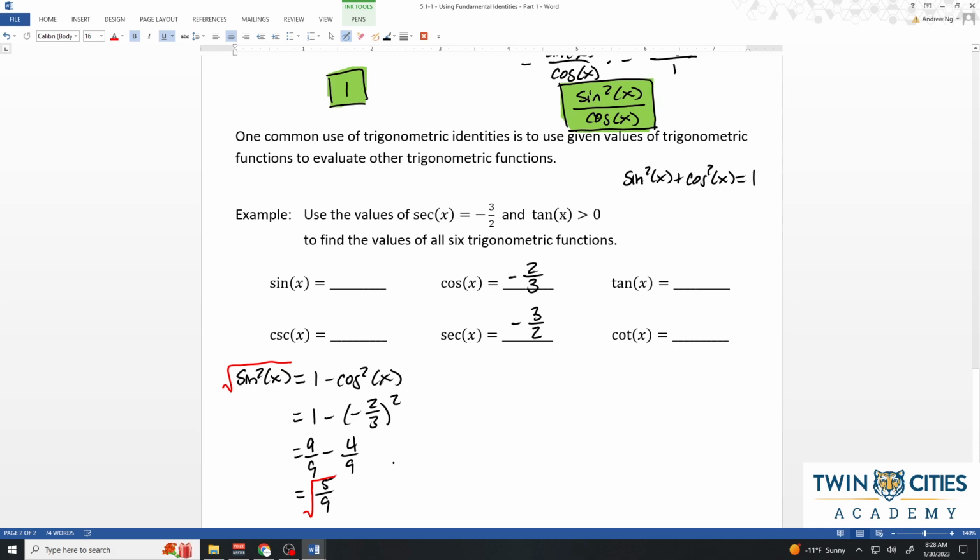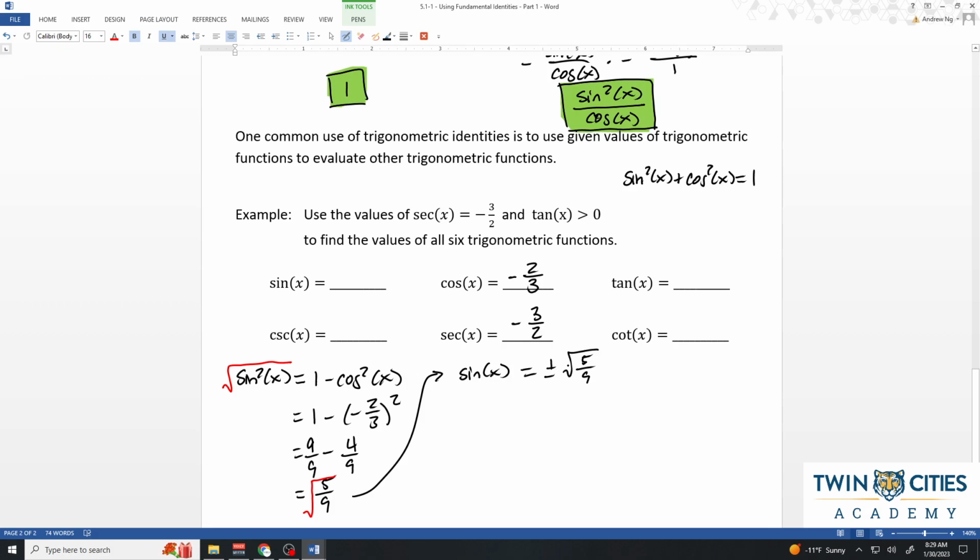So here's the thing. If I take the square root here, I will technically get a positive or negative square root of 5/9, right? So taking the square root of sine squared will give me sine of x equals positive or negative square root of 5/9. Except it also says that tangent is greater than 0, so I have to be thinking about that as well.